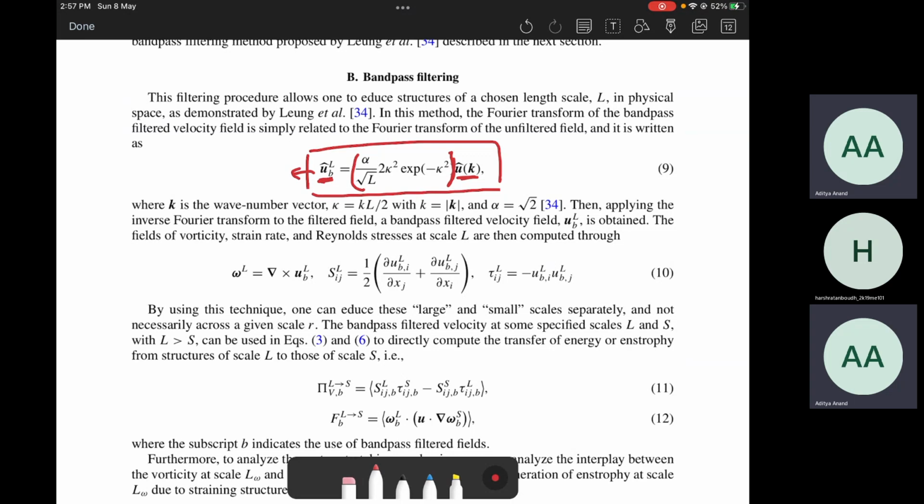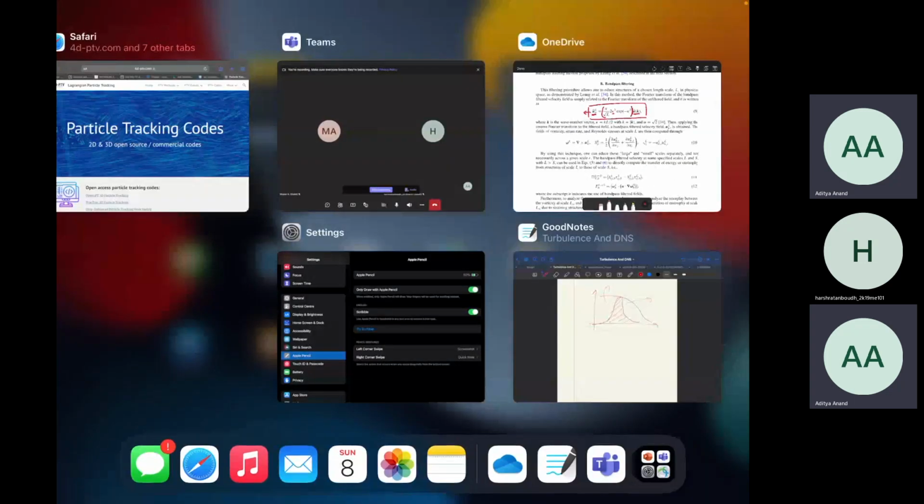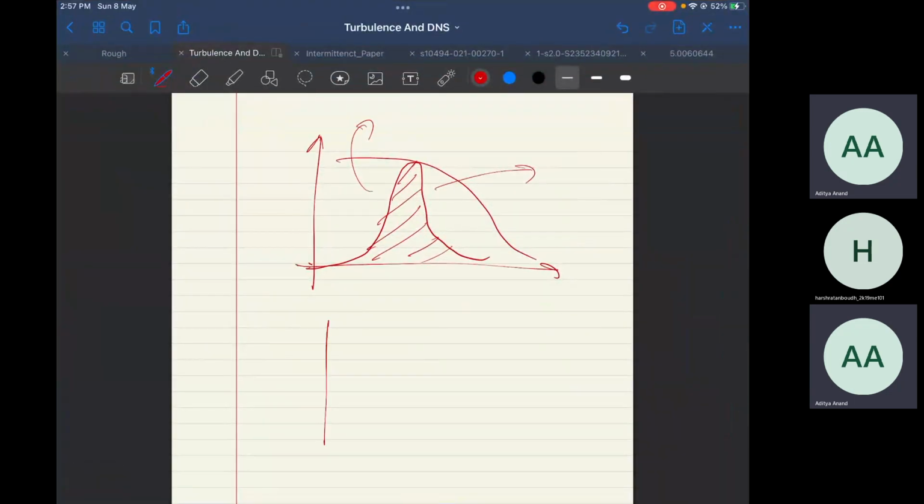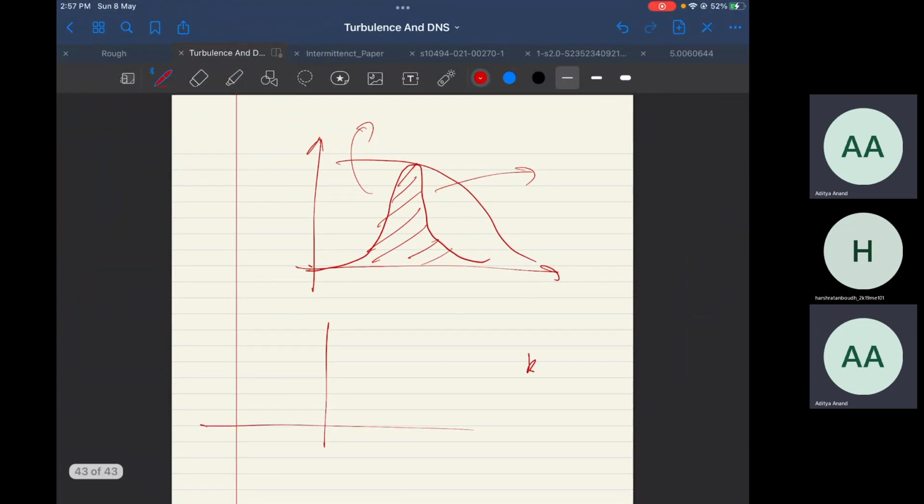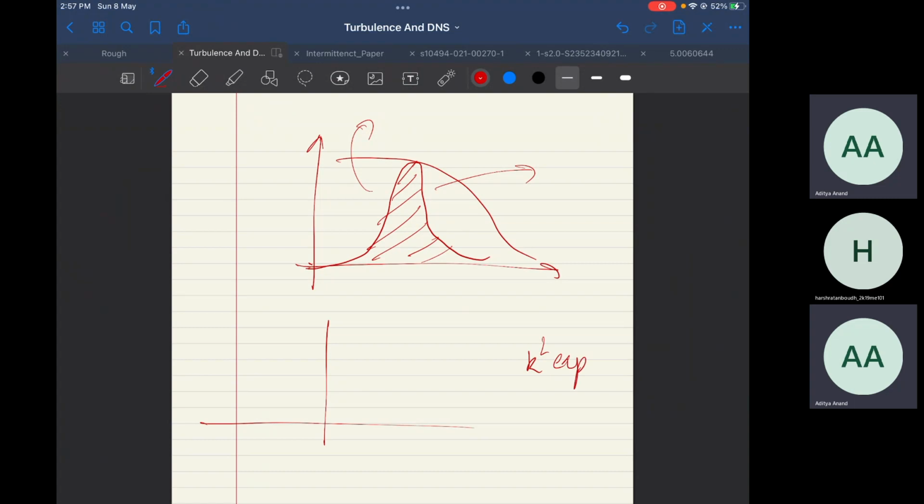So if you look at this, it has kappa square exponential negative kappa square. So how would this be shaped in the wave number domain? Let's take linear wave number right now. Your exponential negative kappa square is 1 at kappa equal to 0, and goes to 0 at infinity. Your kappa square function goes like this.